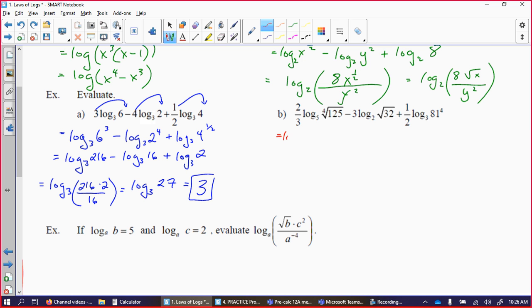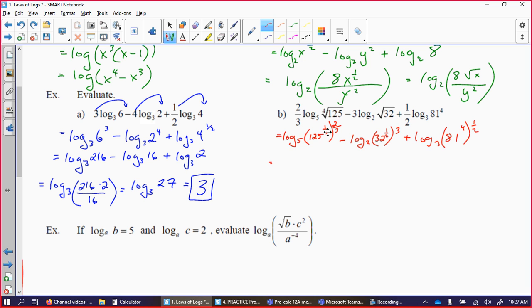As an exponent, log base 5, I'm going to write 125, that's to the quarter, to the 2/3, minus, I'm going to put that up there, log base 2 of, I'm going to use rational exponents, 32 to the half cubed plus log base 3 of 81 to the fourth to the half. Oh dear.